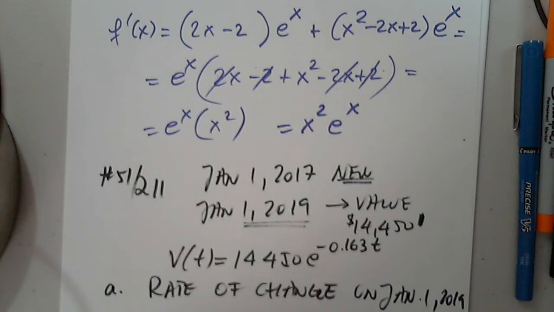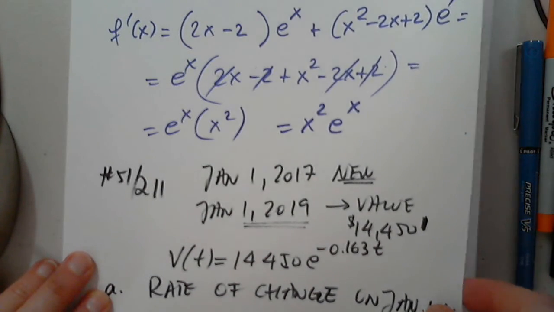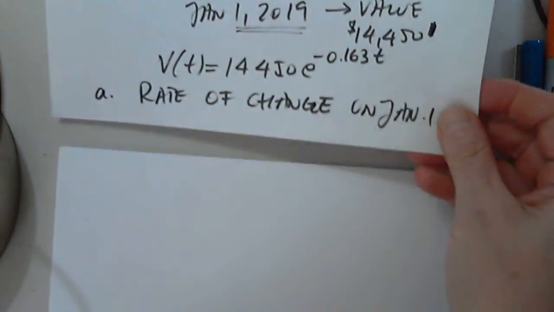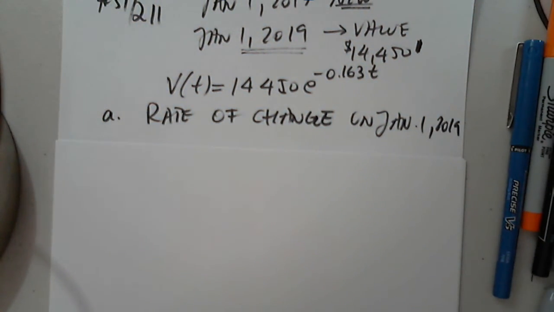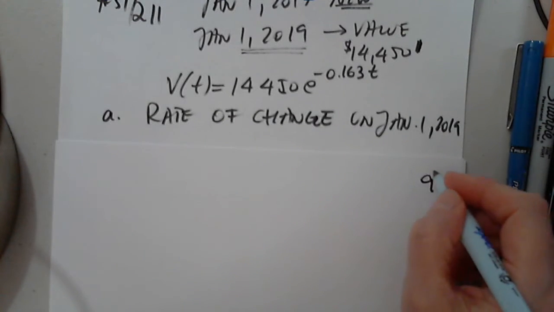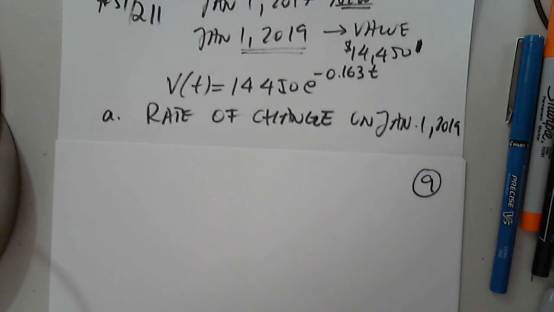What do I have to find first in order to find the rate of change at that moment?